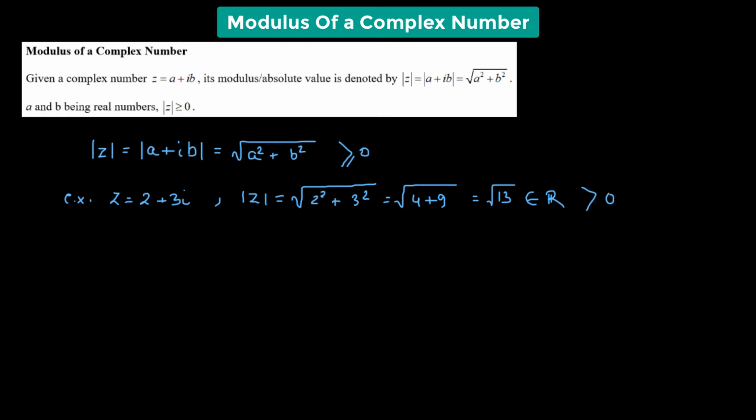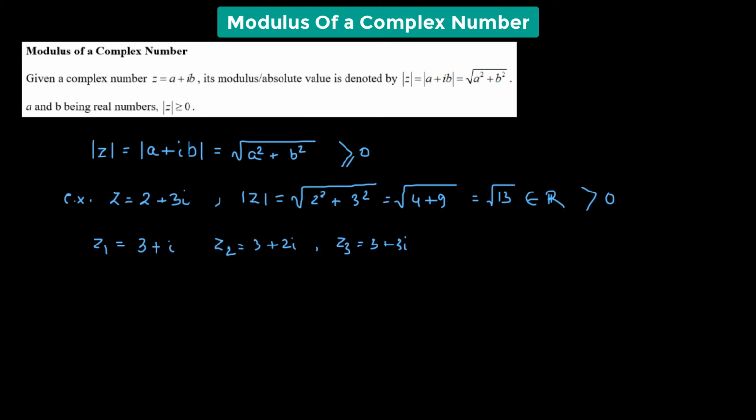Now there's one more place where modulus becomes absolutely important. Let us say we have a complex number z1 given by 3 plus i, then another complex number z2, 3 plus 2i, and a third complex number z3, 3 plus 3i.